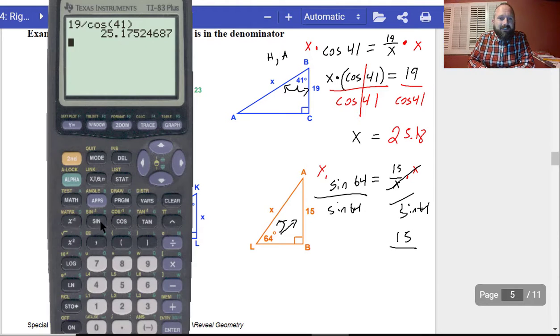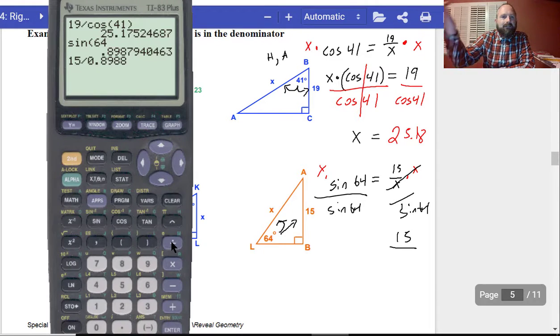But what is the sine of 64? So now I'm going to do 15 divided by that. So I go 15 divided by 0.89888. Round up a little bit, but go far enough so that it doesn't affect the answer.